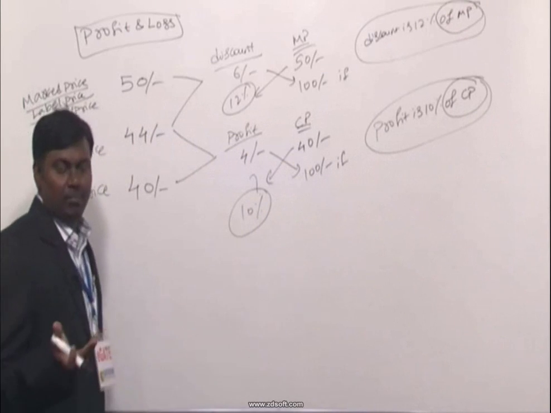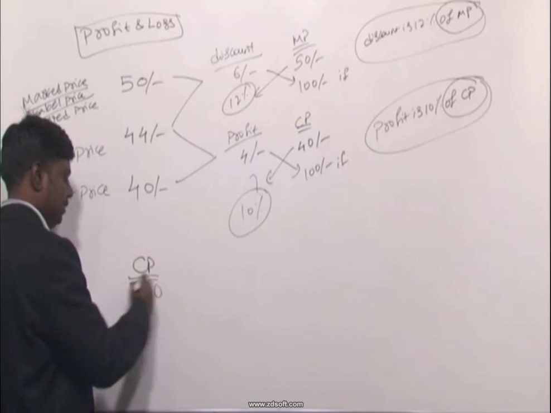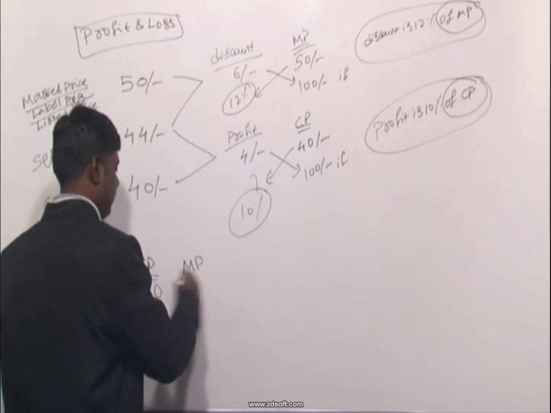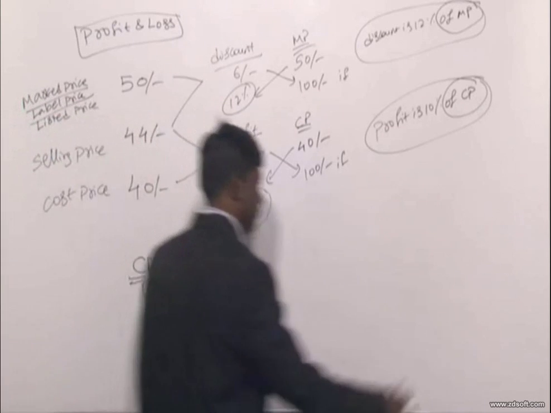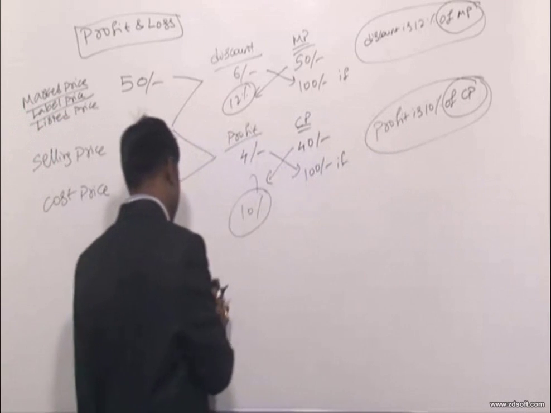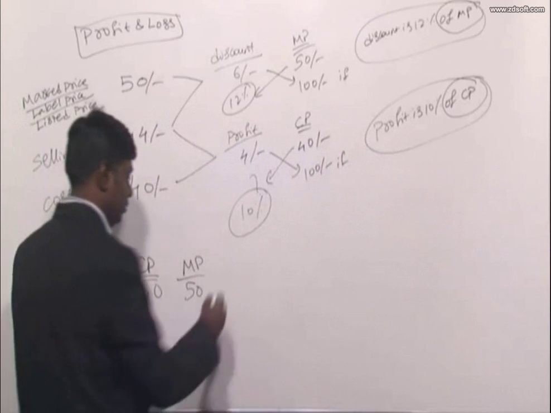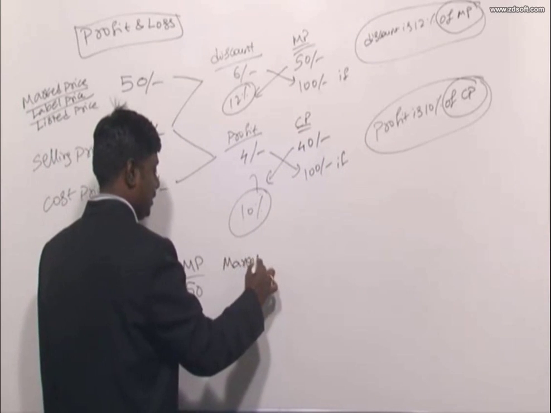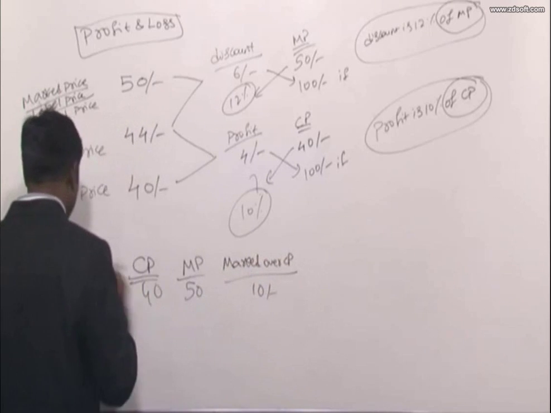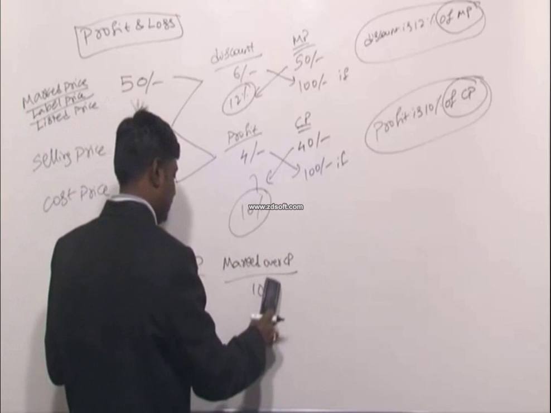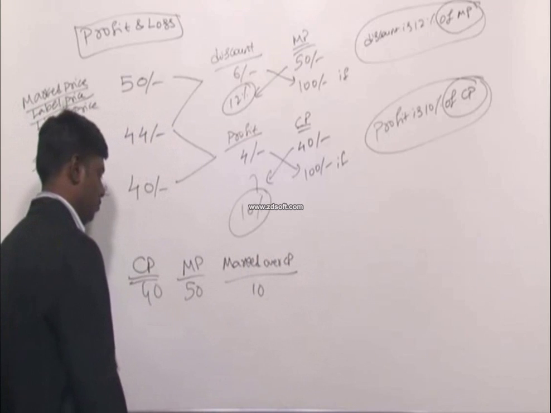Let us see a third comparison which is very rare. Cost price is 40 rupees. Market price is 50 rupees. Now how much have you marked over cost price? You bought it for 40 rupees and put a sticker of 50 rupees. So marked over cost price is 10 rupees, right?